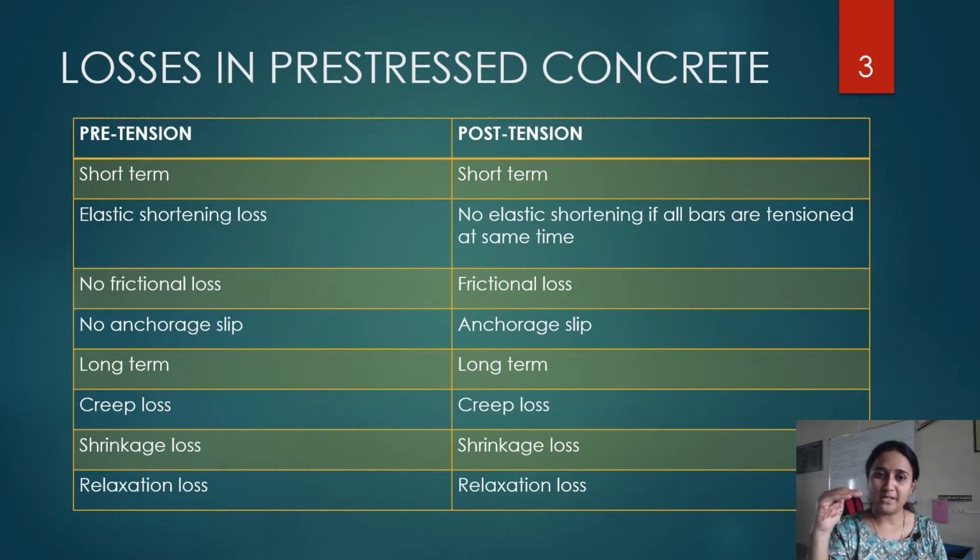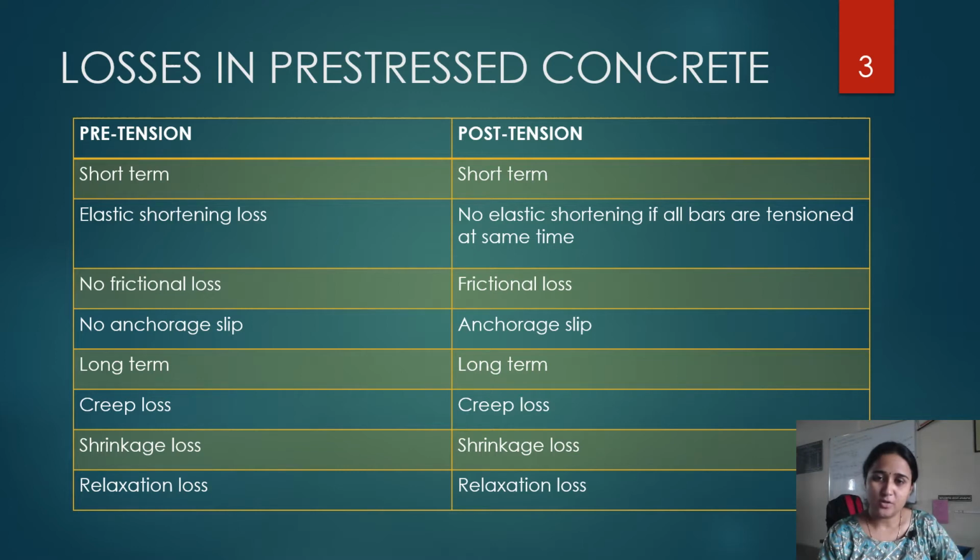First we apply tension to the first tendon, then the second, then the third, then the fourth, like that. But in post-tensioning we apply tension to all the tendons at the same time. Because of this, there is no elastic shortening loss in a post-tension member.